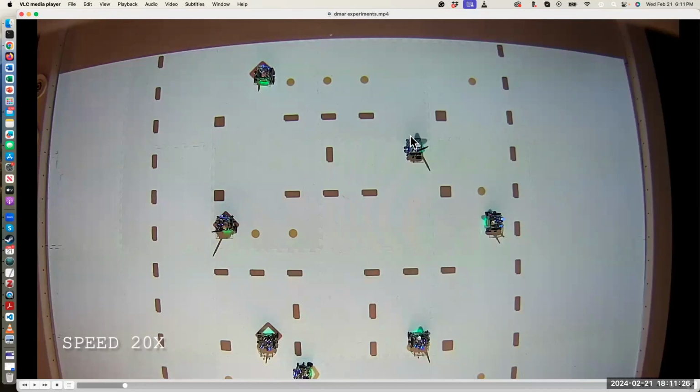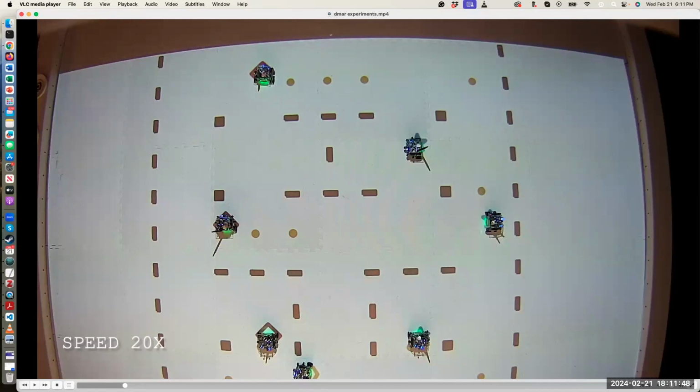Like, for example, this guy has a star. It's a little bit hard to see, but this guy also has a star. And these shapes are going to indicate cluster membership. So this is just a little arena, and there's this overhead projector that is beaming down these shapes onto the floor. And then these are little robots.